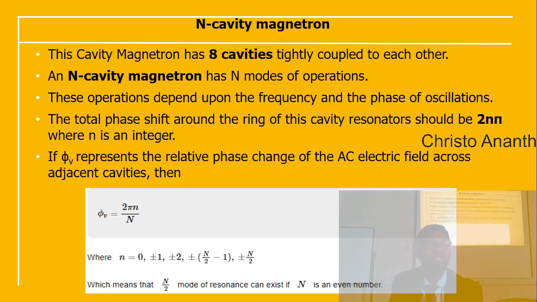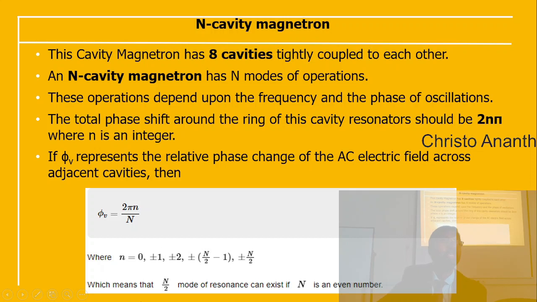If φv, the phase change, represents the relative phase change of the AC electric field across the adjacent cavities, then φv would be equal to 2πn by N. This n, as I told you, is an integer.